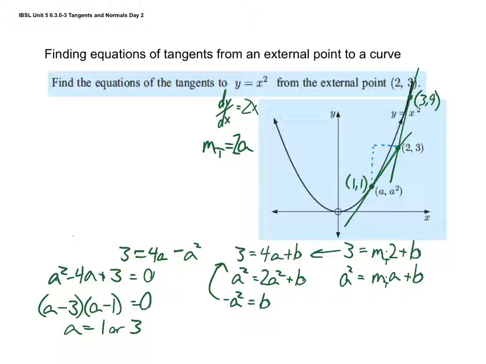The rise would be a squared minus 3, and the run would be a minus 2, right? y minus y, x minus x. Now I could set that equal to 2a, and I'd have a quadratic equation again, but I'd end up with the same answers either way.